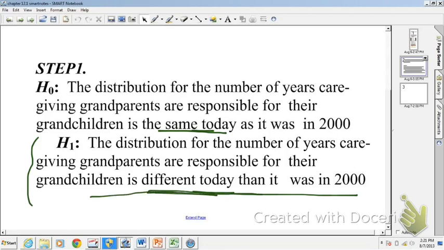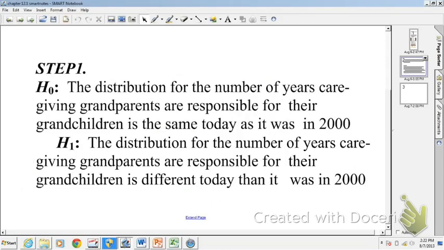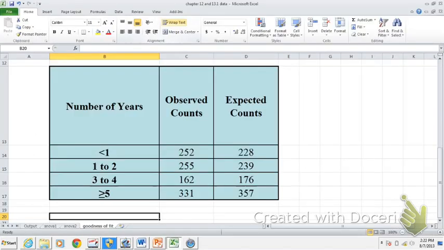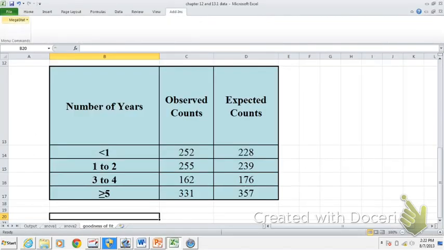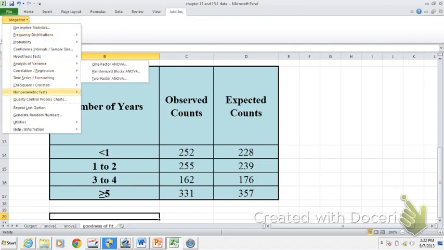We are lucky because Megastat and the TI-84s, not the TI-83s, but the TI-84s, have this built in. Let's take a look. So we go add-ins, this test built in Megastat, go down to chi-square, and you'll see that goodness of fit is an option.